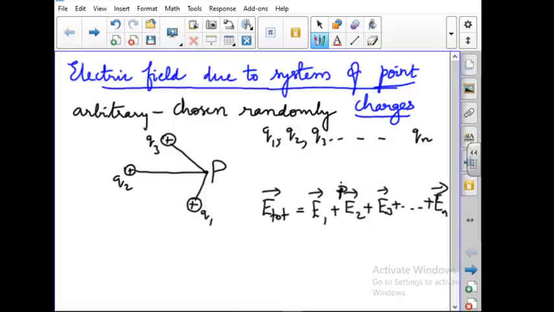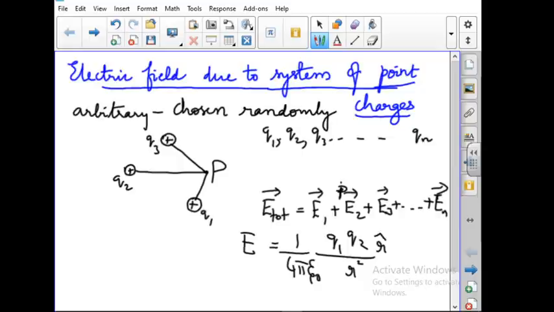So this is the resultant electric field, and if you apply the values, we know E is equal to 1 by 4 pi epsilon naught Q1 Q2 by R square into R cap.